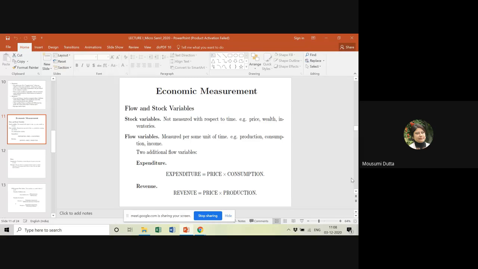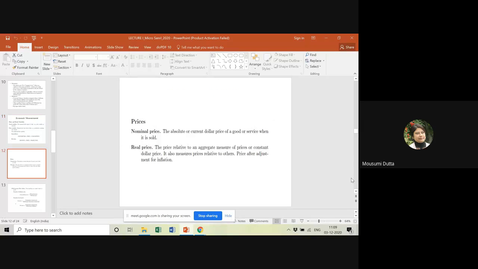So production, consumption, income, expenditure, revenue, these are more flexible with respect to time compared to the first set of variables. Therefore, the second set we call the flow variables, whereas the first set we call the stock variables.